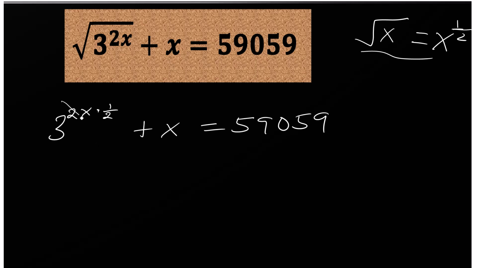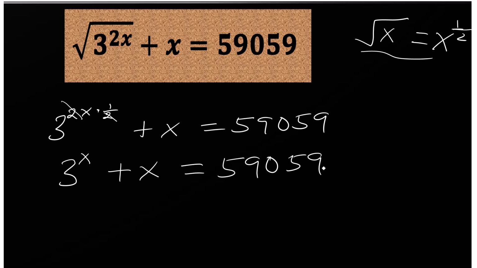Now we can do cancellation, whereby this will be 3 to the power x plus x equals 59059.